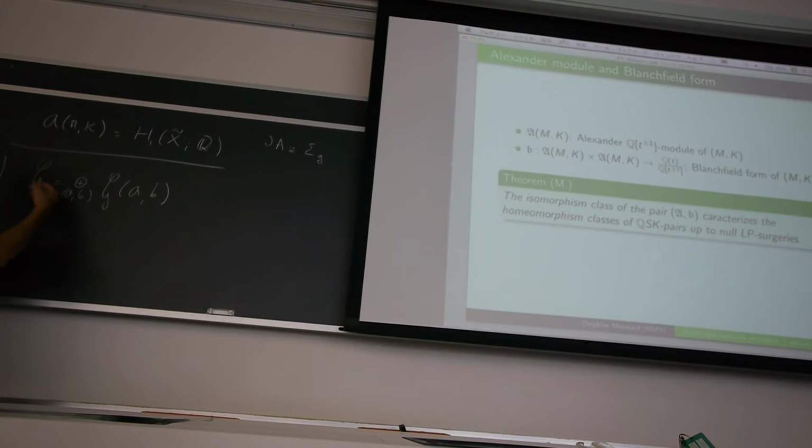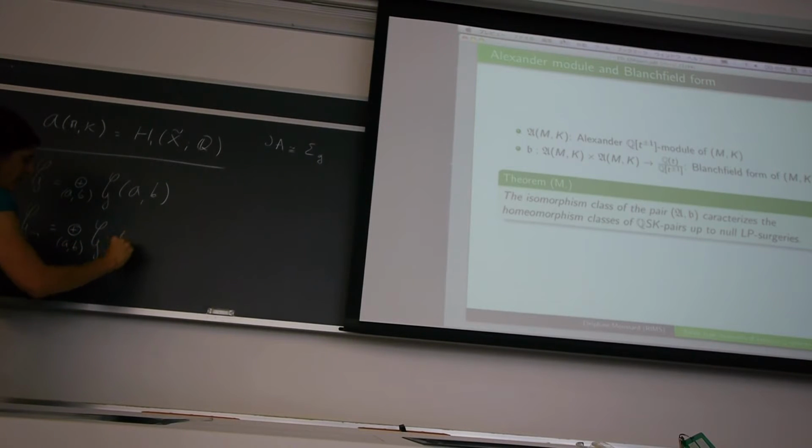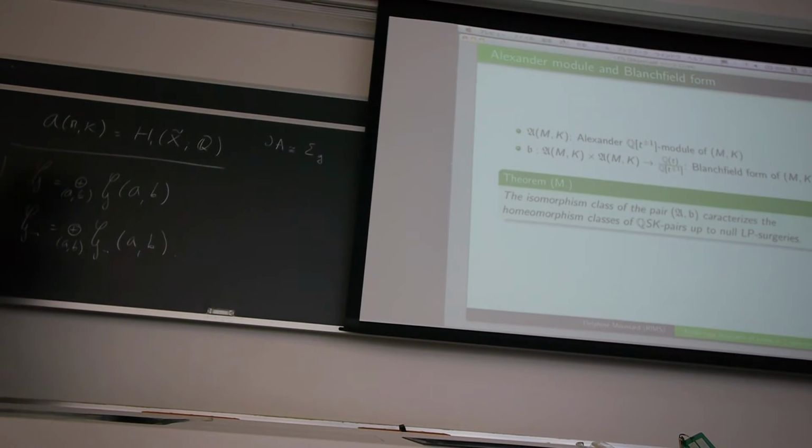And this is a graded splitting, in the sense that we have the splitting of each quotient Gn. So now, in order to study this graded space, we will fix a pair (A, B), an Alexander module and a Blanchfield form, and study the graded space G_AB.